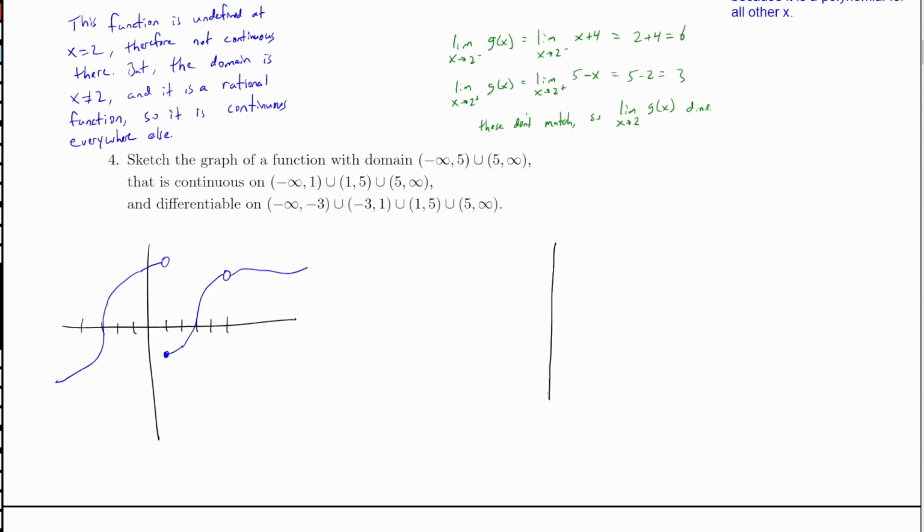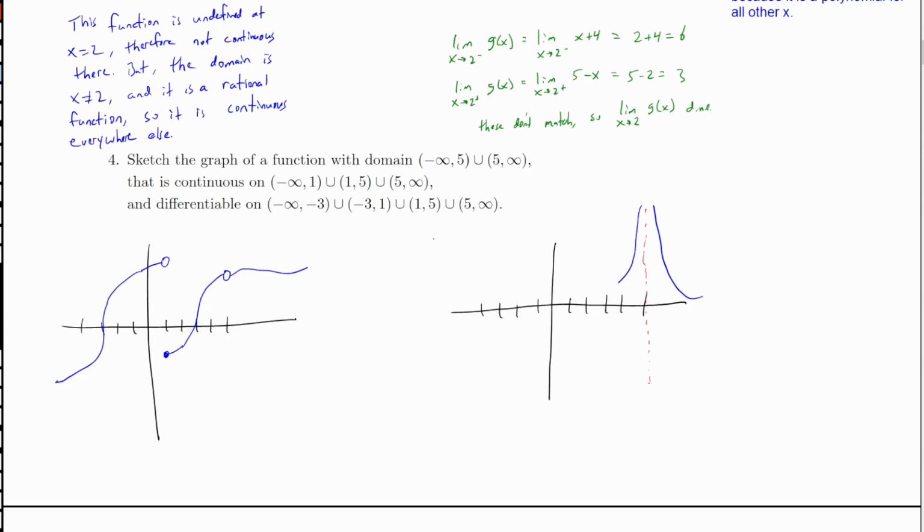Another way that we can do this is to show you other options that we have for each of these values. Instead of a hole in the graph, I could have also had a vertical tangent line, a vertical asymptote.